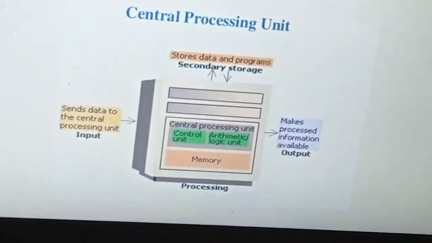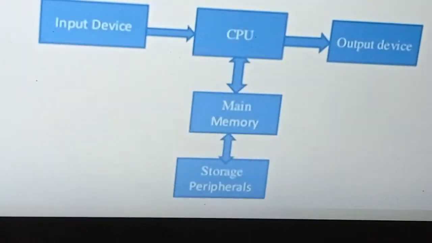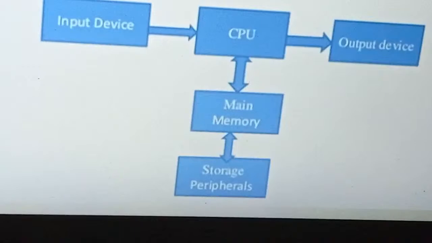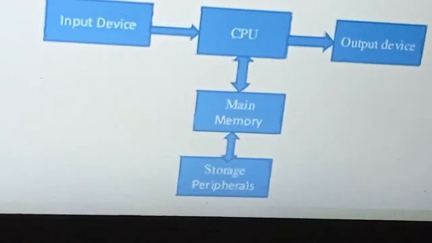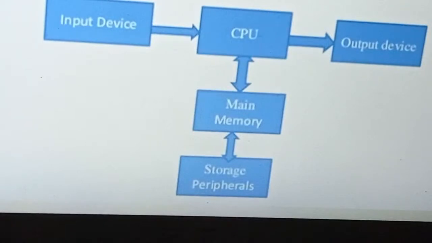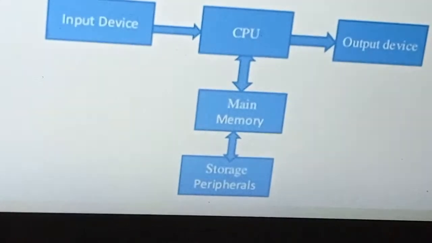This is the block diagram of a computer: input devices, CPU, output devices, memory devices. What are the input devices? Keyboard, mouse.